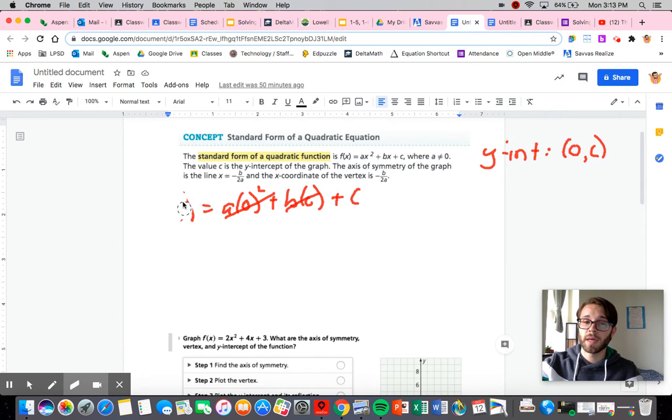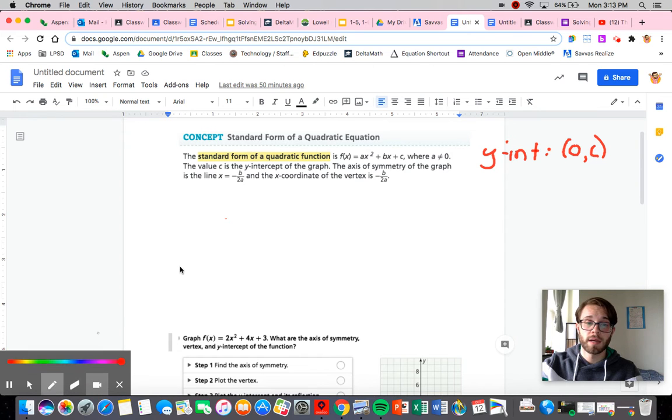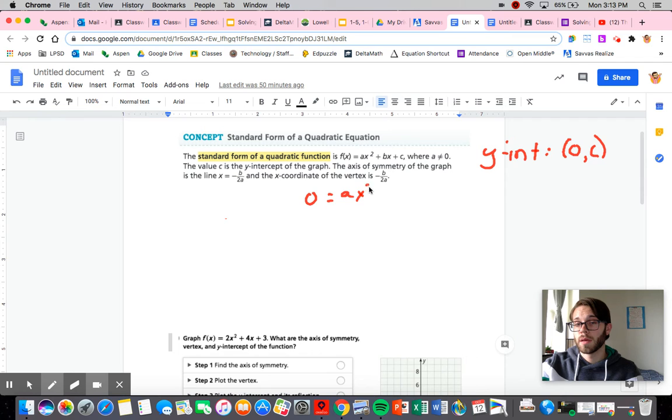The other thing that we can obtain from this is you'll notice it's very similar to the forms that we've been using when we've been factoring. And as you know, the x-intercept is when y is equal to 0. So if I just set the whole thing equal to 0, and then we solved it by factoring or using the quadratic formula or completing the square or square roots or any sort of method that we have used, we'll be able to get the x-intercepts.